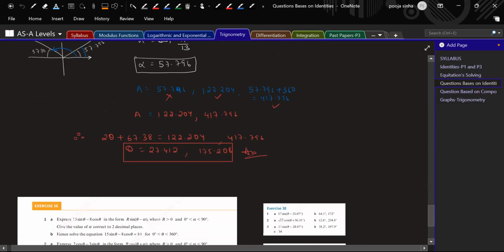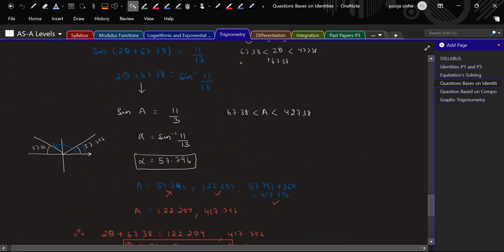So first you will have to figure out, did you change this to alpha, a first? When you made this a, that is 11 upon 6. So you must have got the base angle, 57.796.